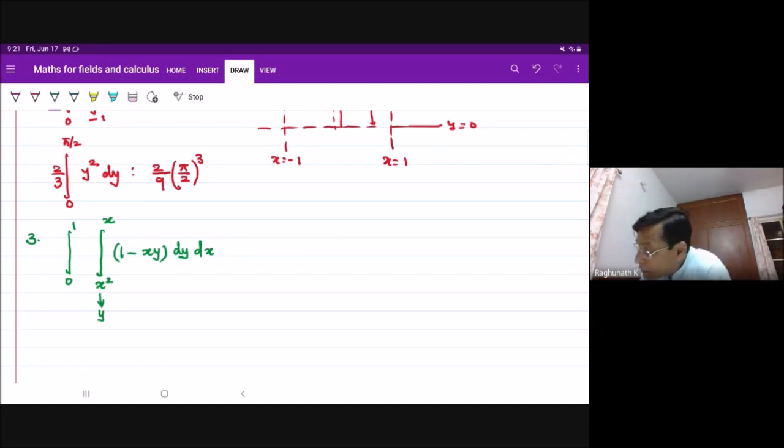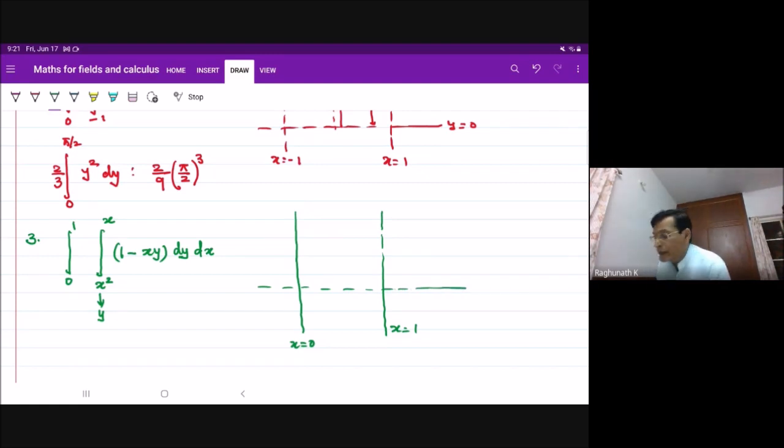X is equal to 0, again, y-axis. X is equal to 1, intersecting x-axis is equal to 1. Y is equal to x. Please see this.